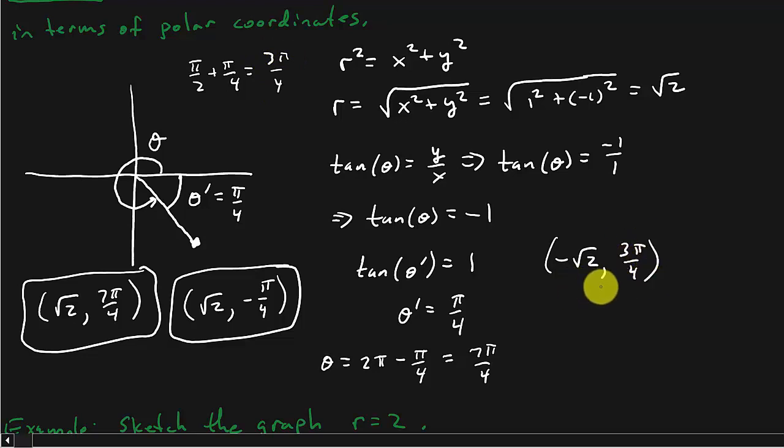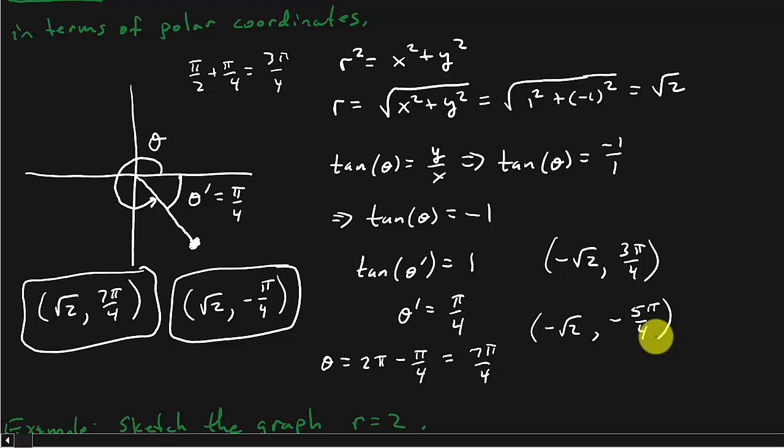There's another solution. Keep in mind, when we plot this point, it's going to be right here, and this point is going to be this one. We could even go negative square root of 2 over here and rotate this way. So we would go pi plus pi over 4, which is 5 pi over 4, but we're going in a negative direction, so negative 5 pi over 4.